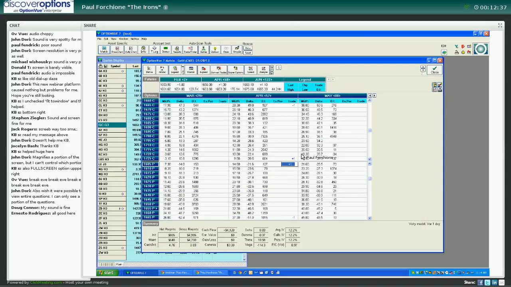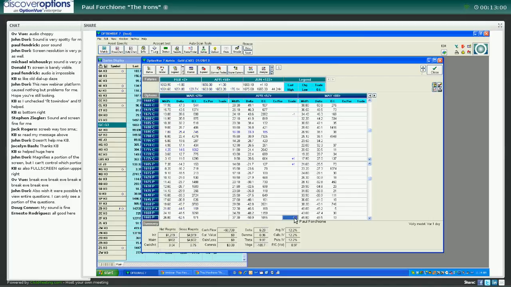Now let's take a look at a neutral iron condor. The only difference with an iron condor is that rather than selling a straddle, we are going to sell a strangle. We're going to sell an out-of-the-money call. So let's go ahead and sell, for example, the out-of-the-money 1675 call.